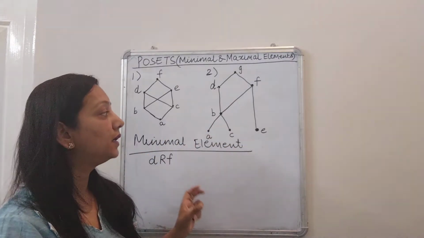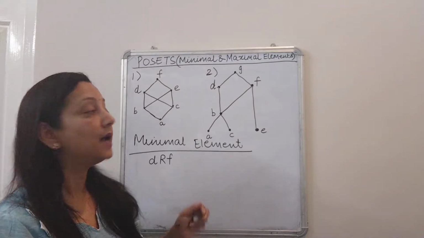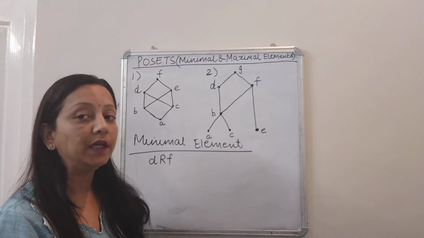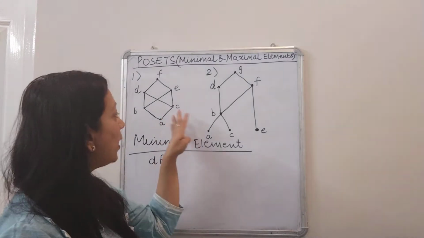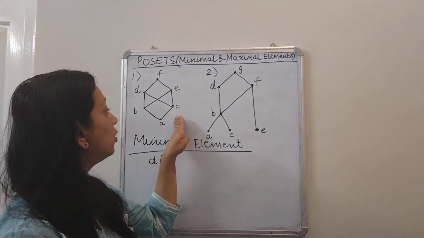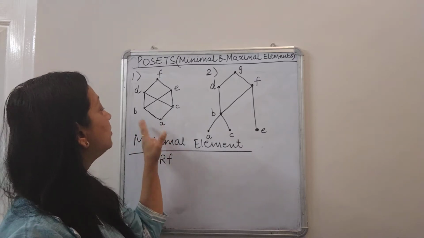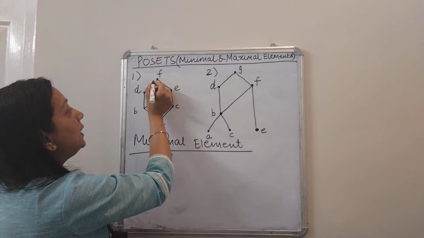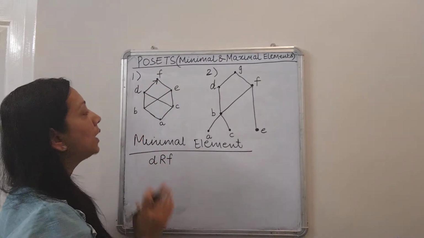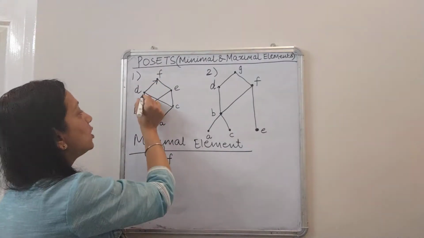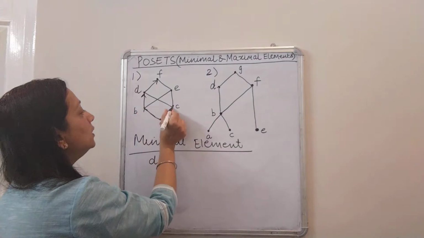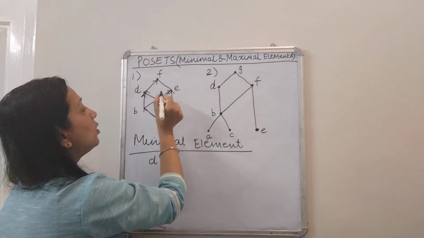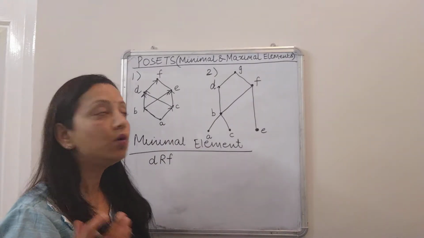So in a Hasse diagram we assume that the relation is going from top to bottom, hence we do not give any directed arrows. So the arrows are going in this particular manner, because the relation is going from top to bottom.